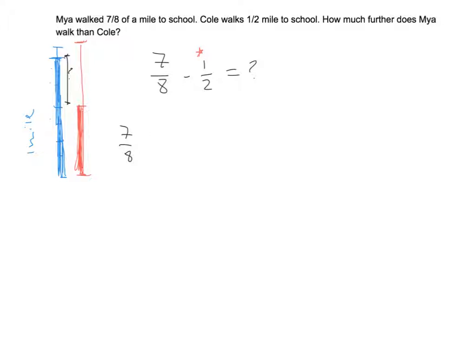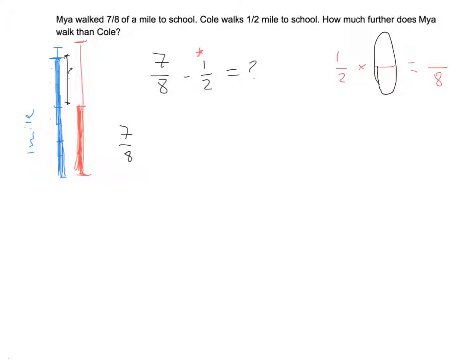So 1/2 times some fraction is going to give us something over 8. And like we said in the last video, whatever this fraction is has to be equal to 1, so the same numerator and denominator.